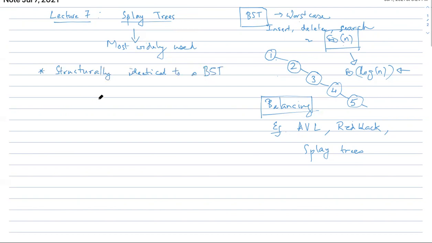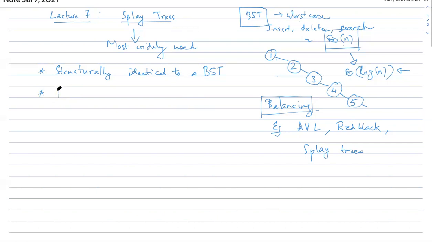As I said, they maintain the same invariant, and that invariant is that the keys in the left subtree are all less than the current node, and the keys in the right subtree are greater than the current node. So less than or equal to, and greater than. Where to place equal, you obviously have a choice, but traditionally it is considered to be on the left side of a given node.